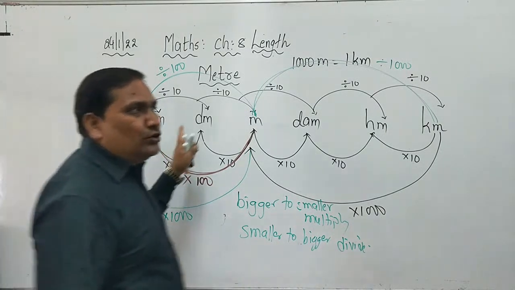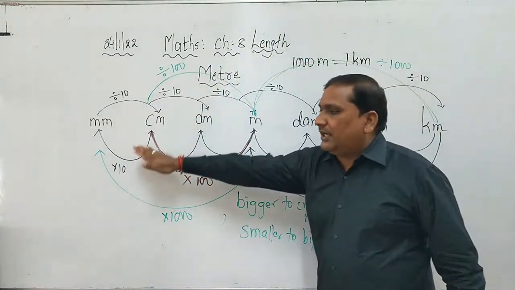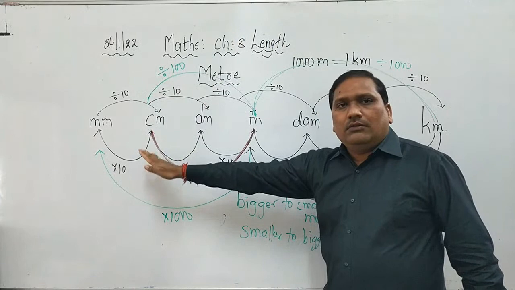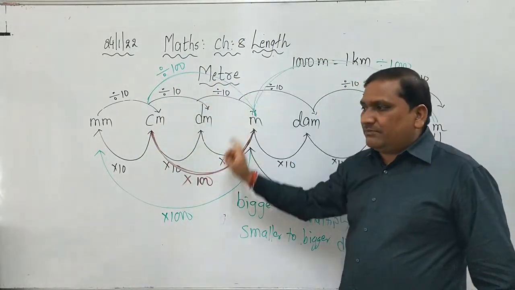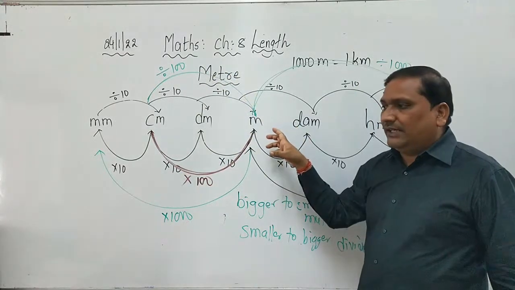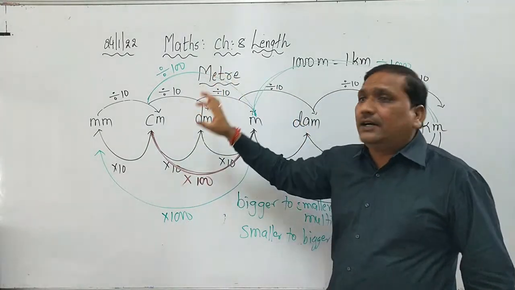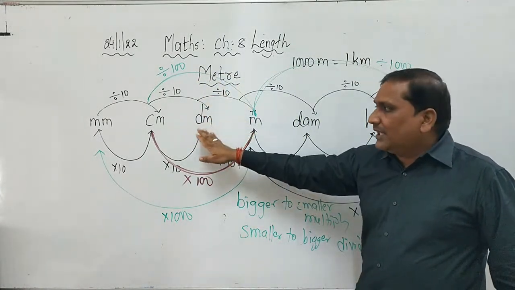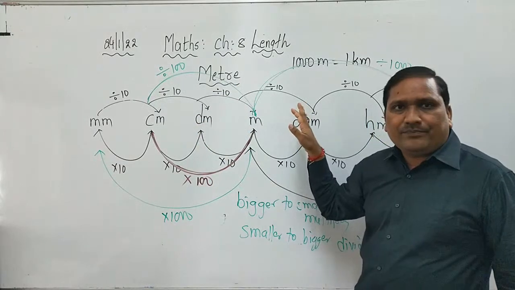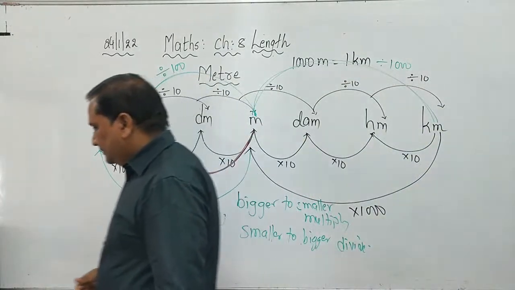This table you should keep in mind: the smallest first, then the next bigger one, then the next bigger one. So in ascending order, we should keep in mind the units of length. Are you clear about these units? If you are clear, we proceed further.